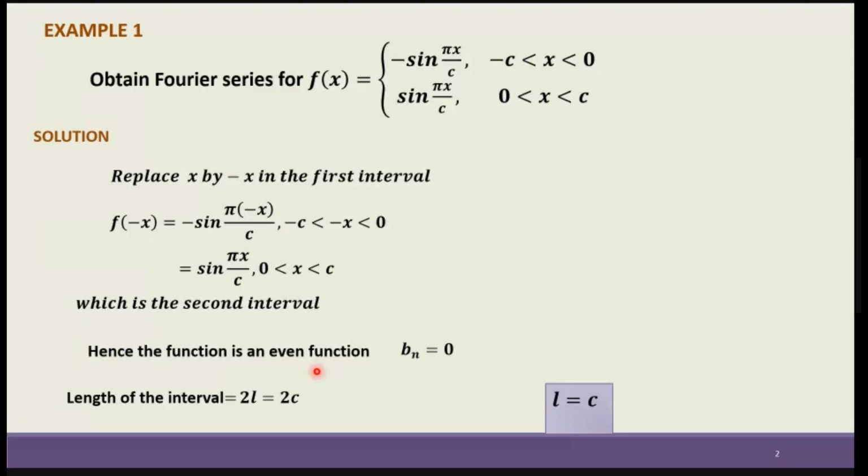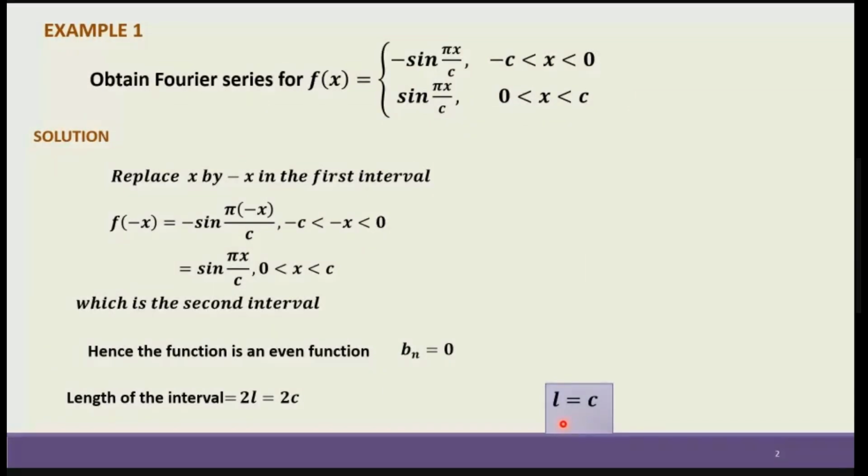But if it is defined in 0 to 2l, then the length of the interval is 2l; compare it with the given length 2c and calculate the value of c. Otherwise, the function is defined in minus c to plus c, or normally in minus l to plus l, so the value of L is c. Either calculate the length of the interval and then calculate L, or directly from the interval write the value of L. Now calculate a0 and an.